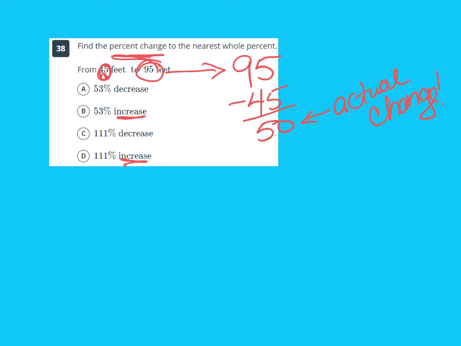Then I'm going to make my t-chart, x, y. My percent change is up here as k. And now I just need to know my input and my output. So it went from 45, so that's definitely my input.